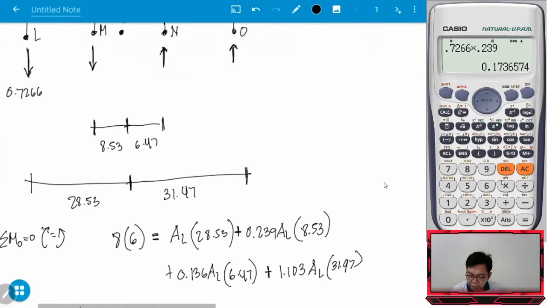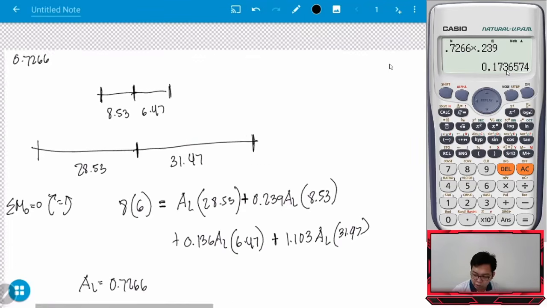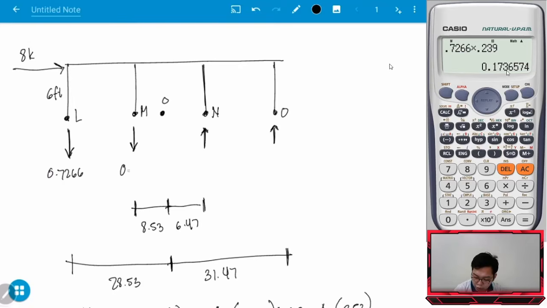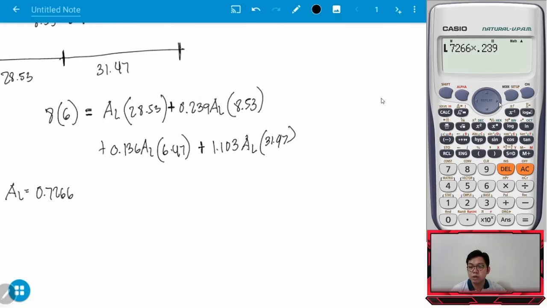So, yung AM natin is 0.1737. By the way, check nyo yun sa calculator. Okay? So, this is 0.1737. And then, yung N natin, same pa din, 0.136 nga lang. So, instead of 0.239, this will be 0.136.